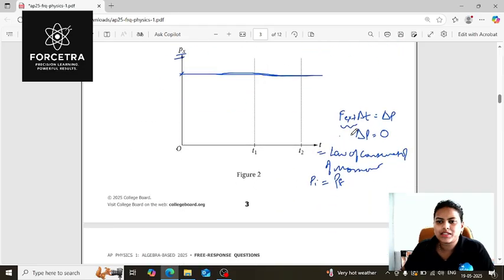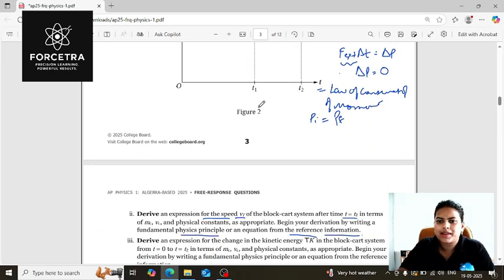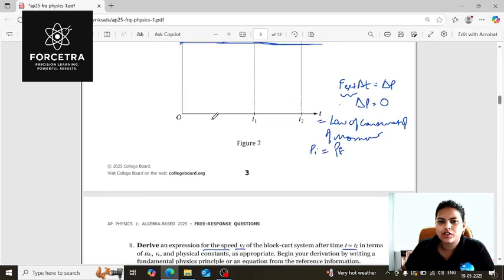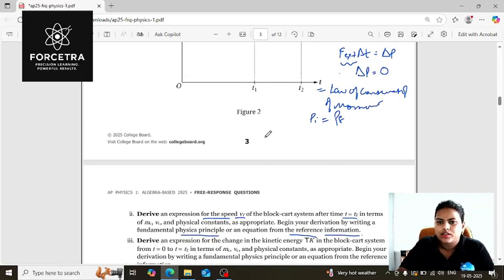So momentum is conserved. At the initial point only the cart is moving, with velocity Vc, and the block has 0 velocity. So initial momentum is equal to the final momentum. For the final, the total mass of the system is the cart plus the block.